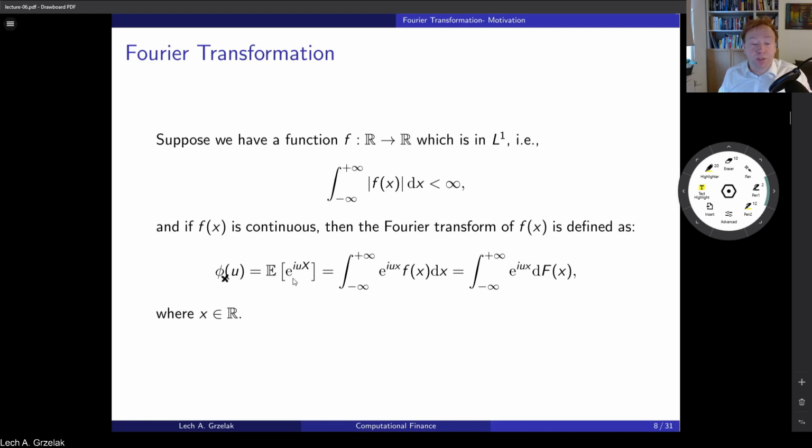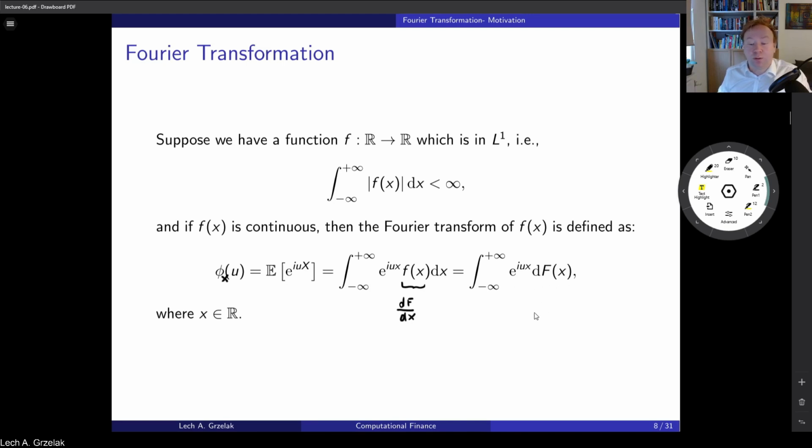So if we follow just the definition, we have the exponent of iux times the density of x dx. And this can also be written in this way. By definition, density is just the derivative of the CDF with respect to x, as you can see. So if you substitute here, dx will cancel and you will get dFx.